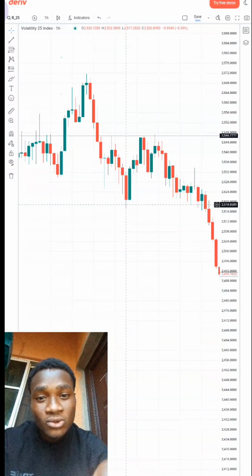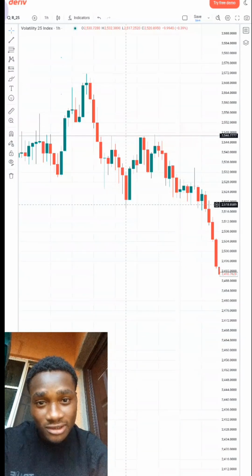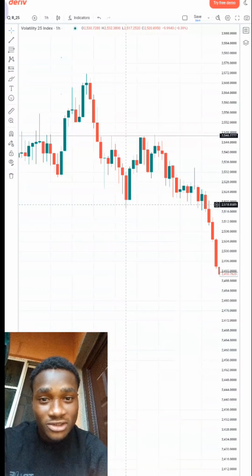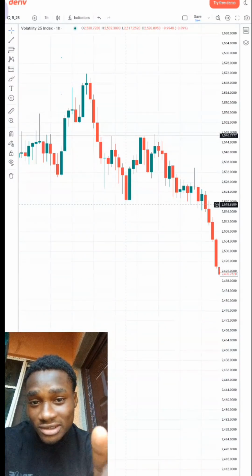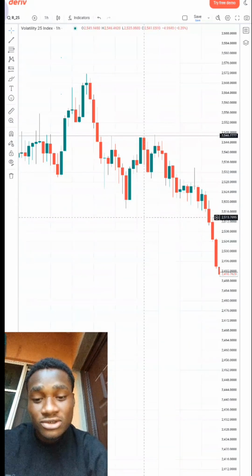The first thing you do is you want to know the trend, the time frame of the trend to go and grab the first liquidity, and the trend is on the 1 hour. The next thing you do is draw a trend line.